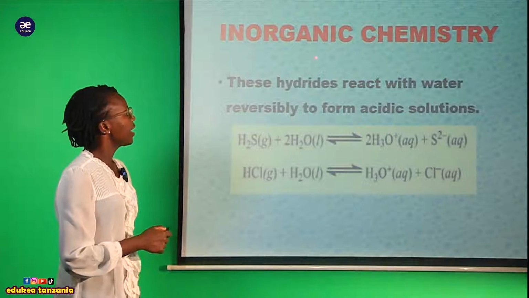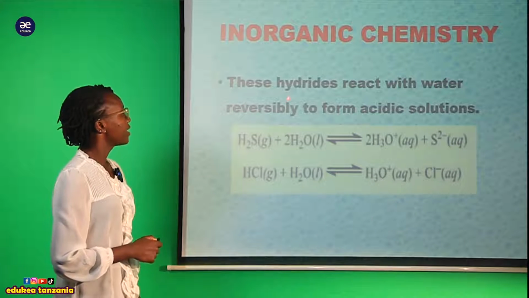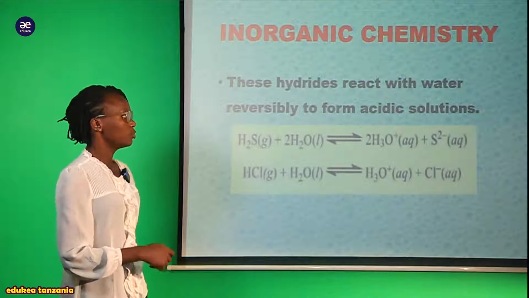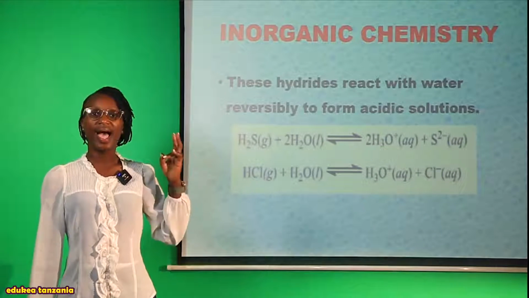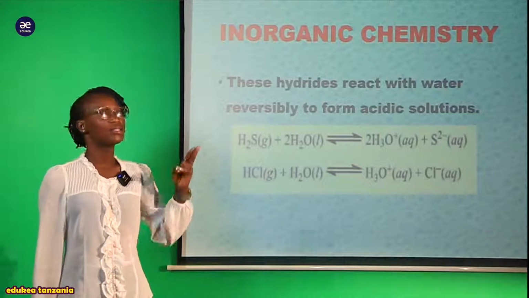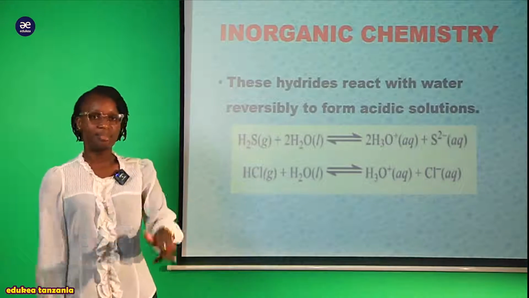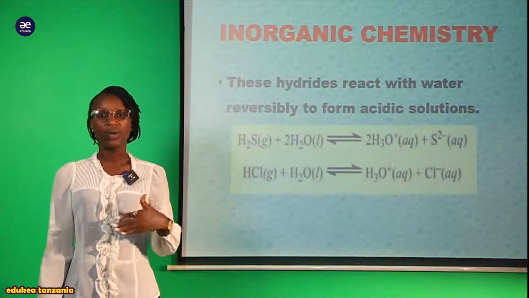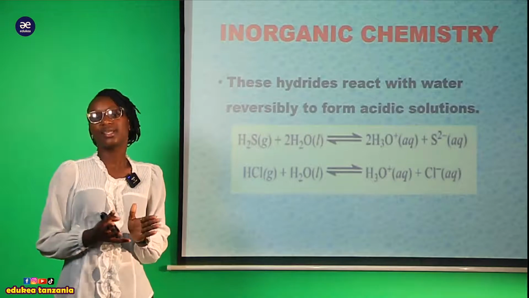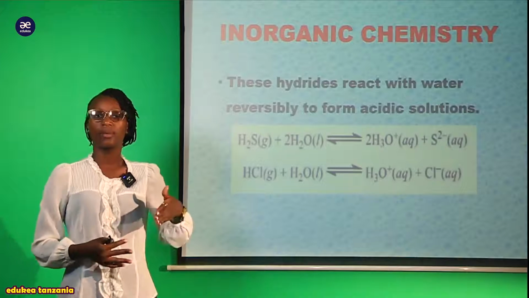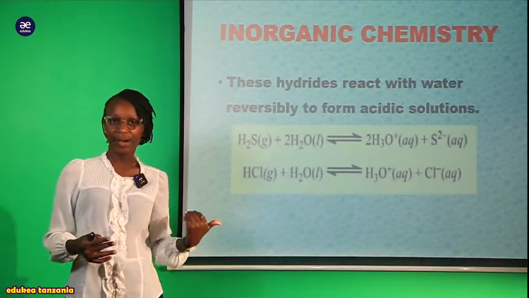Okay, anasema these hydrides react with water reversibly to form an acidic solution. Sasa the hydride of the sulfur and also the hydride of the chlorine, anasema kwamba they react with the water reversibly. When we talk about reversible, what does it mean? Reversible maana kwamba tunaongelea kitu ambacho kinaweza kikaenda mbele kikarudi nyuma. We talk about the forward reaction and the backward reaction.